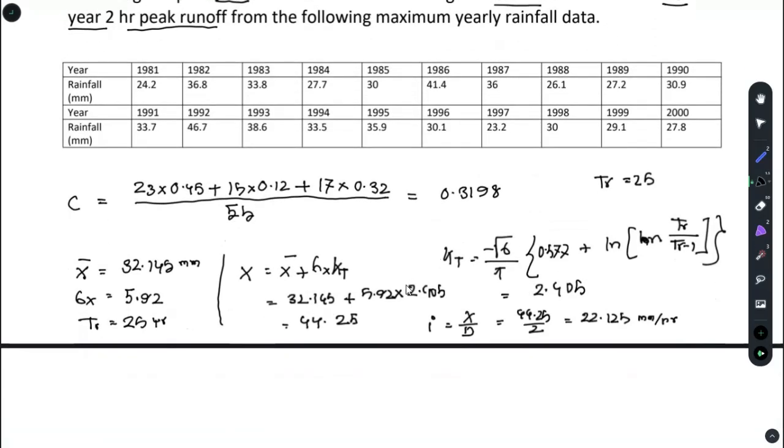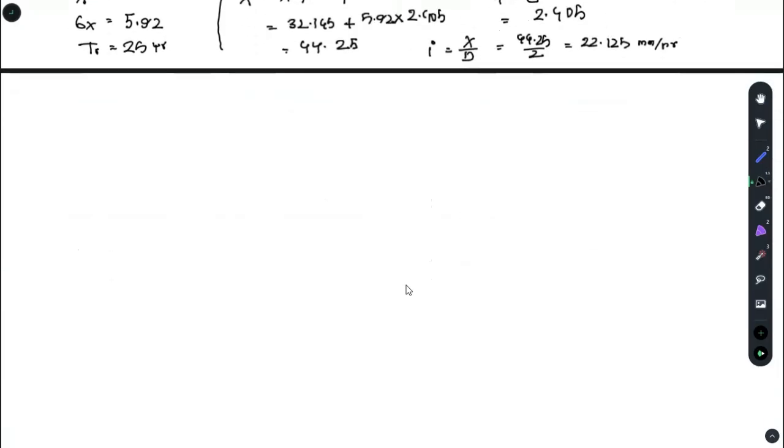So you got to check that your time of concentration is less than the rainfall duration, and typically it is. If TC is less than the duration of rainfall, then you will get peak runoff from that catchment.